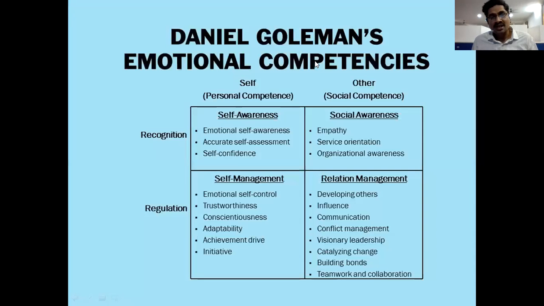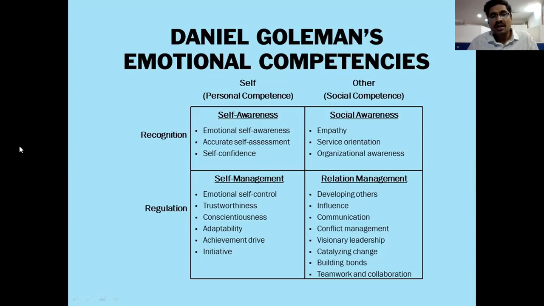Now, coming to the next slide. This is the emotional competencies, Daniel Goleman's model. It is similar to Salovey and Mayer's model, right? So here, look at this.